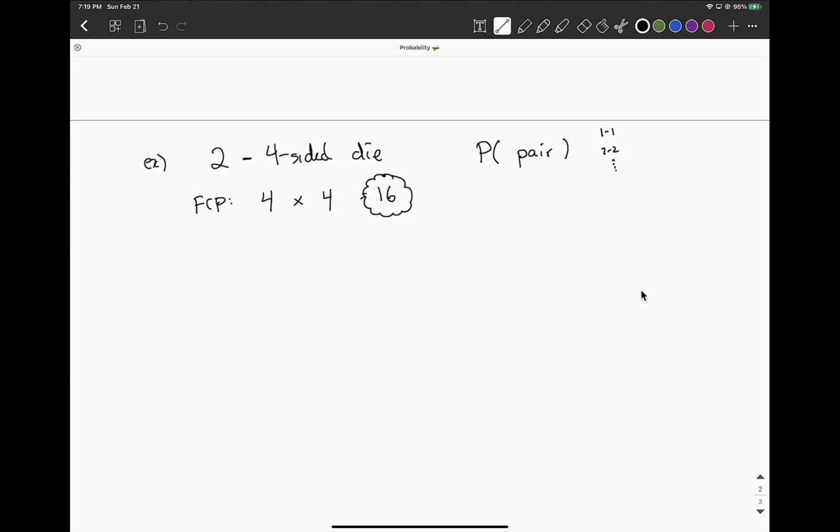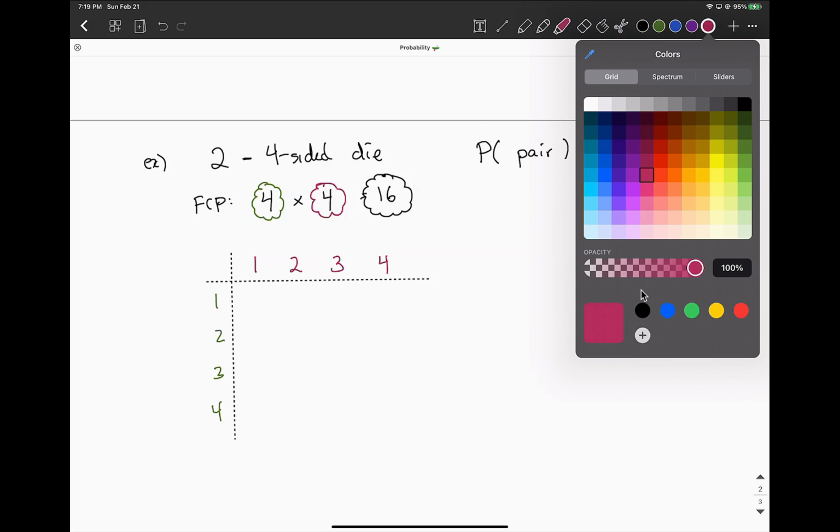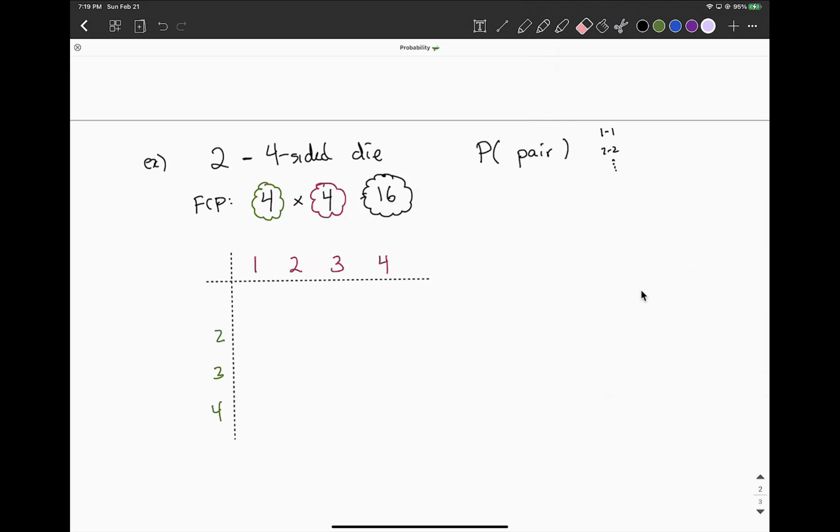And one way to organize this very quickly, especially when there's just 2 items, is a table where I can represent all 4 outcomes, 1, 2, 3, 4, on one side of the table, and I can represent the other object and all of its outcomes on a second side of this table. But the really good part of this sample space comes when you multiply these together and you get this inside space.